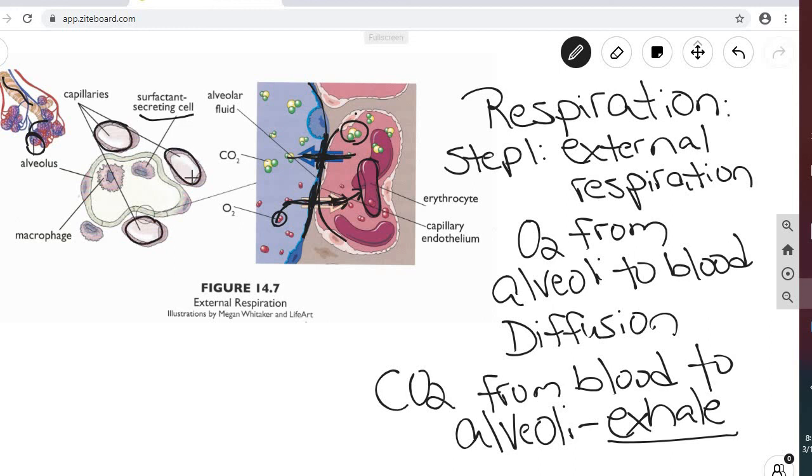So the movement of oxygen from the alveoli to the blood, and of carbon dioxide from the blood to the alveoli, can happen very easily because the alveoli are surrounded by blood capillaries.